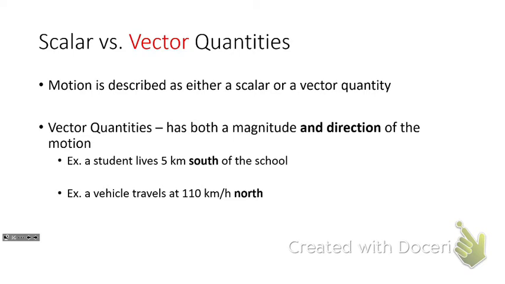Building off of our last examples, a student living 5 kilometers from the school is a scalar quantity. In this case, because it's a vector quantity, a student lives 5 kilometers south of the school. This is also known as displacement, and we will talk about that in a bit.